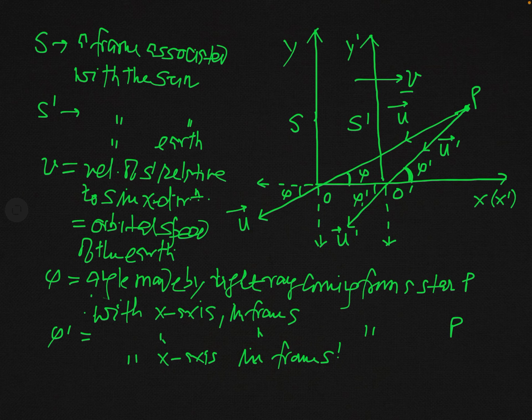But these are the velocity of light in free space. So in accordance with the second postulate of special relativity, the magnitudes of these two velocities u and u prime, measured by the observers O and O prime, will be the same, and that will be equal to c. This is the second postulate of special relativity.